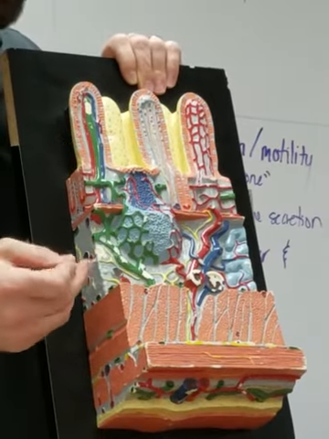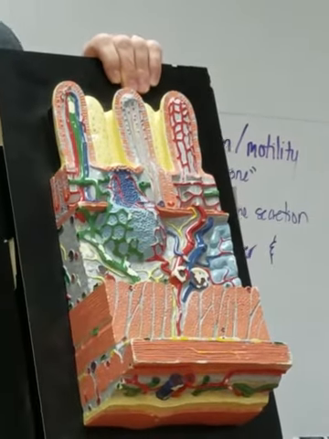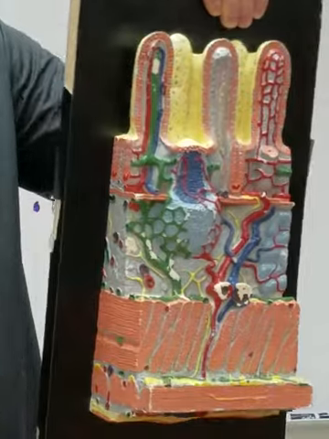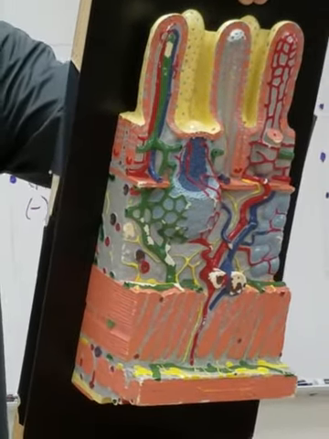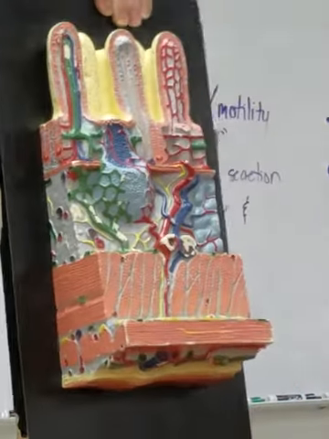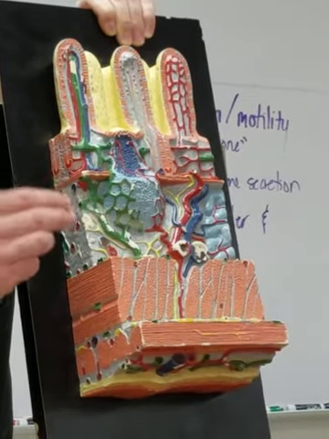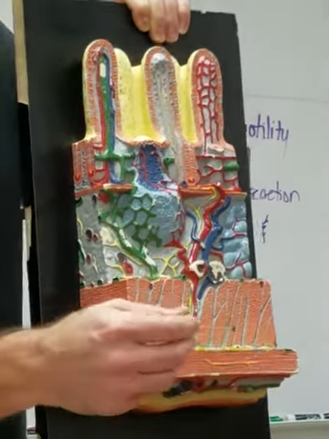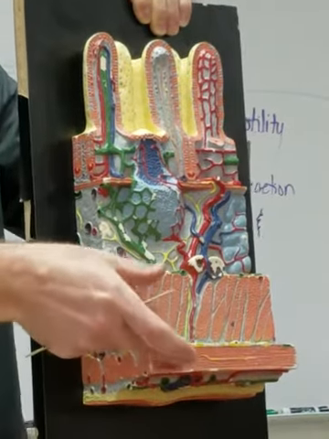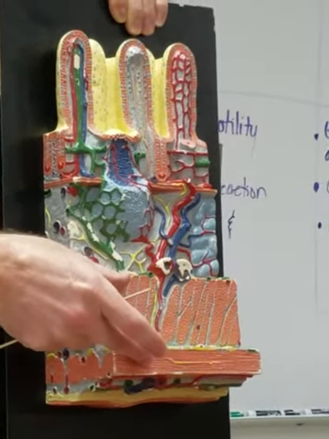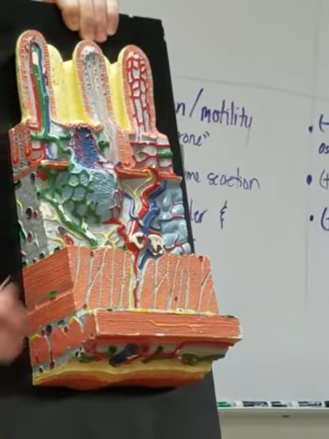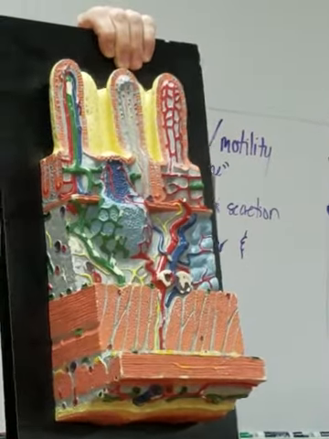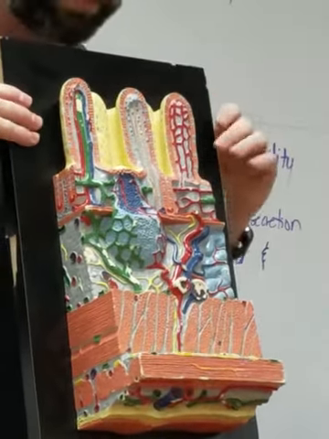Lacteal collecting vessels is all of this. How about all the yellow? It's all nerve fibers. The yellow in here would be part of the submucosal plexus. The yellow between the two layers of muscularis externa is the myenteric plexus. Together they form the enteric nervous system.